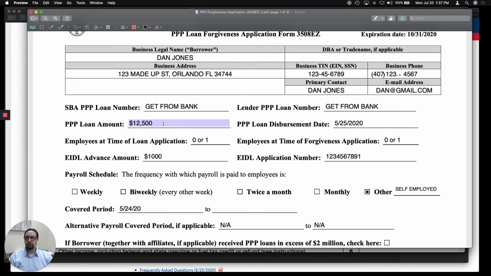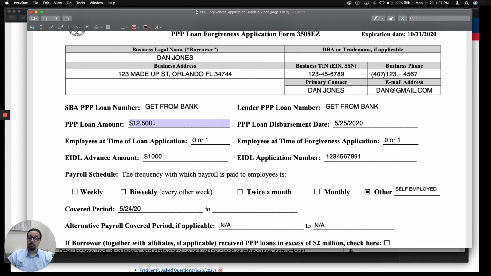Here you're going to fill in the PPP loan amount you got. Don't do the formula with line 31 now. Whatever amount of PPP you got deposited, that's what you need to put here. Why? Because some banks did make mistakes and they gave out more PPP funds than allowed.